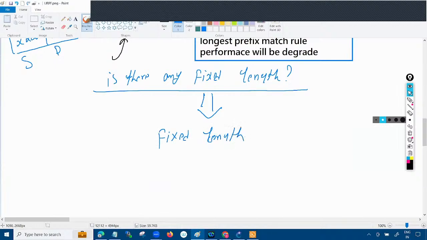I'll tell you one thing. This issue happens only with layer 3. On layer 2, we don't have any issue, man. Layer 2 has a fixed length, the 48-bit MAC address. Can you do the subnetting of the MAC address? No, we cannot; it's fixed, a flat address.